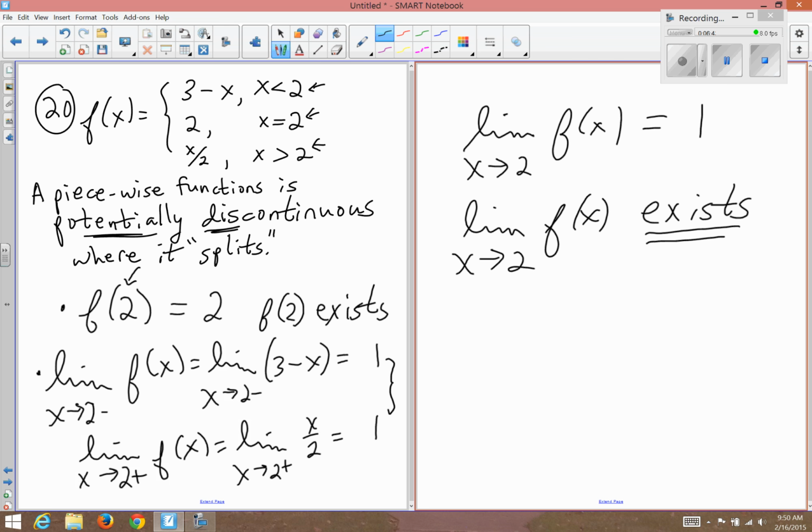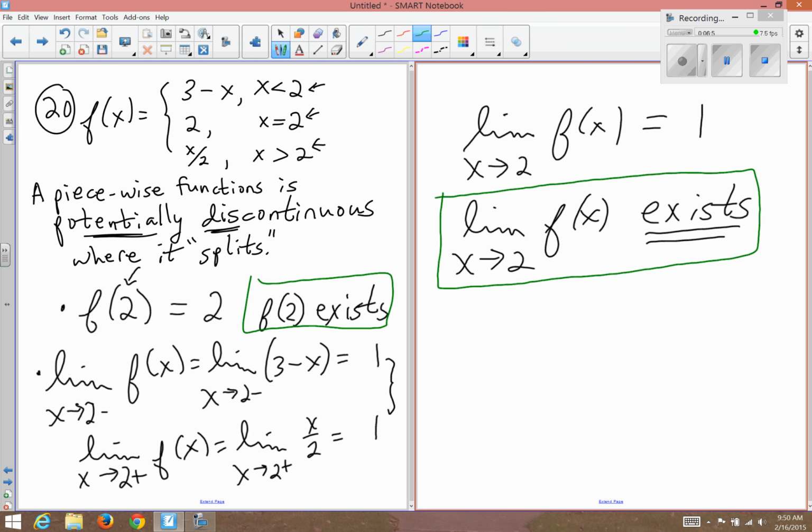There are two things that exist. f of 2 exists. The limit of f of x as x approaches 2 exists. But the third condition for continuity is not only do those things I just put a box around have to exist, they have to be the same number, and they're not, because f of 2 is 2, and the limit of f of x as x approaches 2 is 1. Those are not the same number.